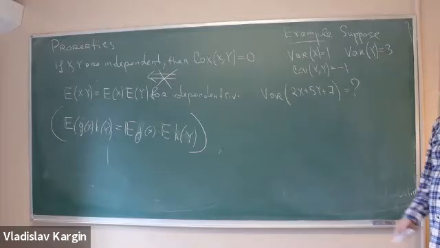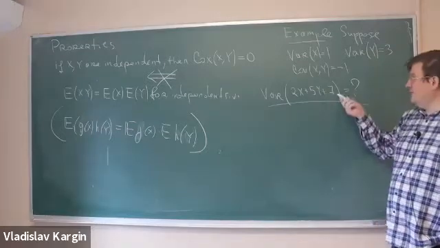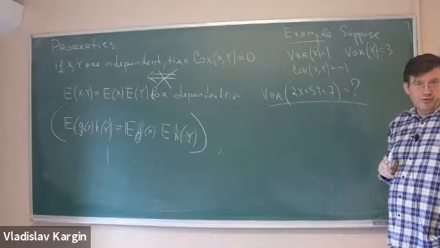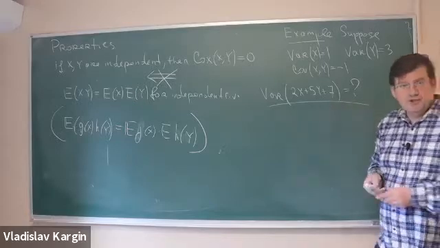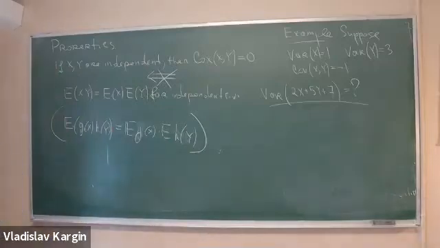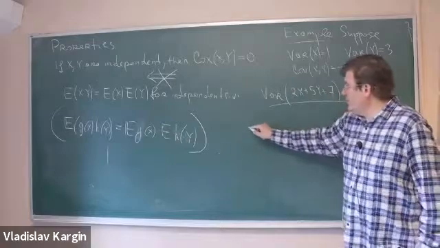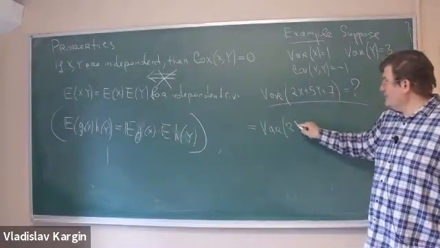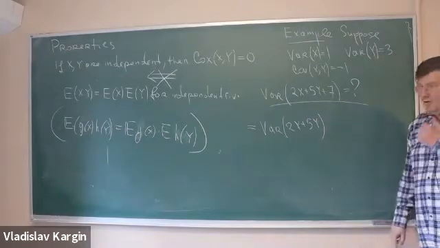First of all, you can just remove the 7 here. If you add something to a random variable, it doesn't change its variance. So this is equal to the variance of 2x plus 5y. Now, how do you calculate it?